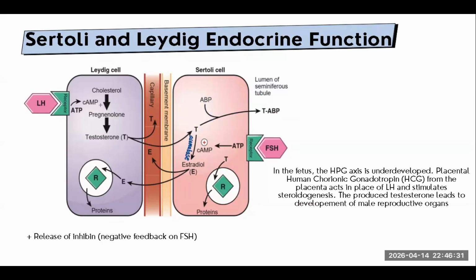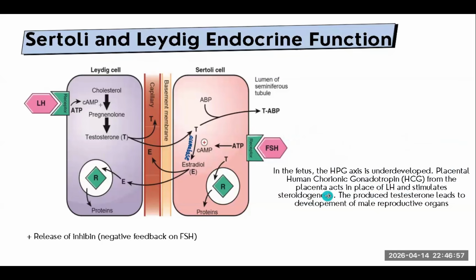Now, something unrelated, but it's still part of this lecture, is that in the fetus, the hypothalamic pituitary gonadal axis is underdeveloped. And therefore, we don't have LH production or FSH production. On the other hand, placental HCG acts in place of LH and it stimulates steroidogenesis.